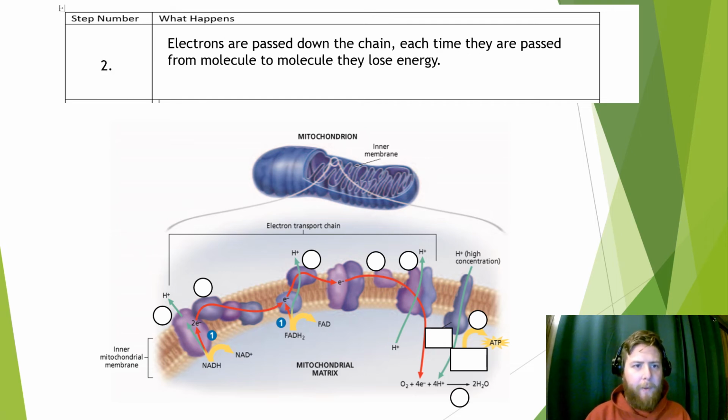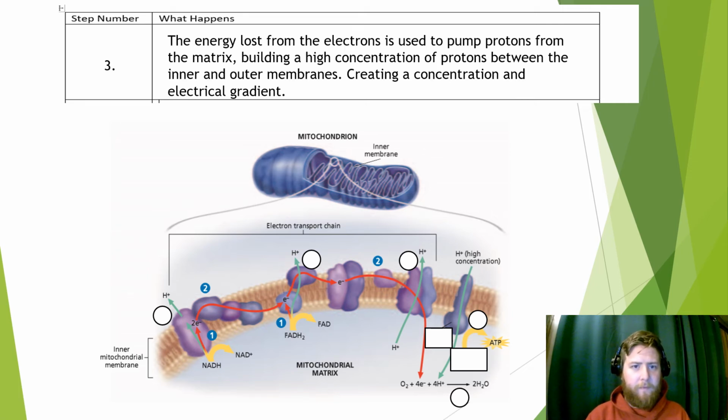All right, step 2. We're going to take those electrons and pass them down the chain, both here and here. Each time they move from one molecule to another, they lose energy. Now that energy is going to be used for something. So in step 3, we're going to take that energy and pump protons from the matrix, from the inside, to the outside.